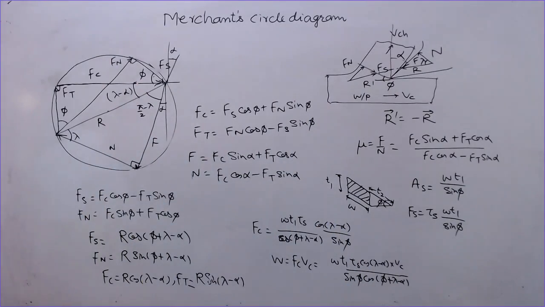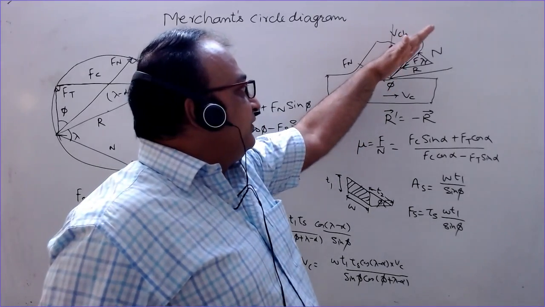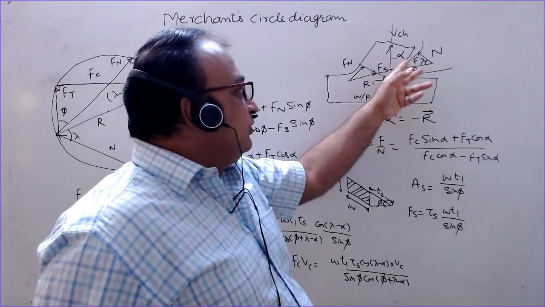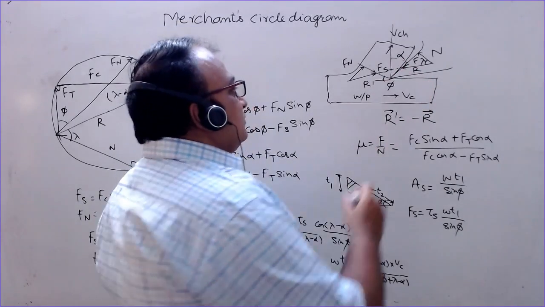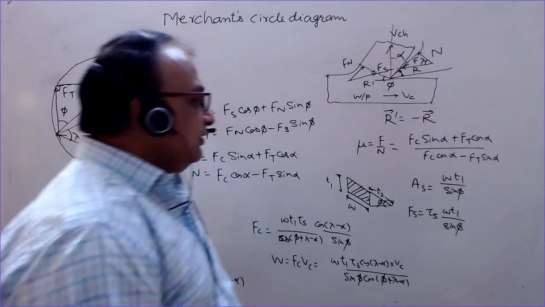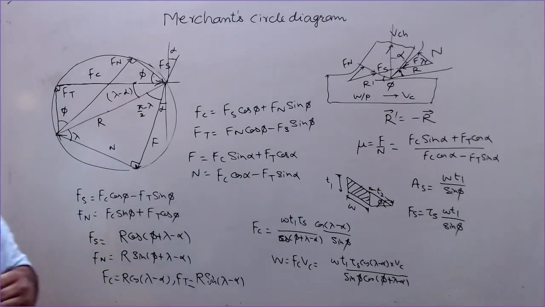So here you can see that this is a function of phi only, because if you increase the value of alpha, then you can see phi will increase from the diagram. Increase means this rake surface moves in this direction. Then this part of the tool, or this angle which is known as the lip angle, this will decrease, but the shear angle will increase in this case.